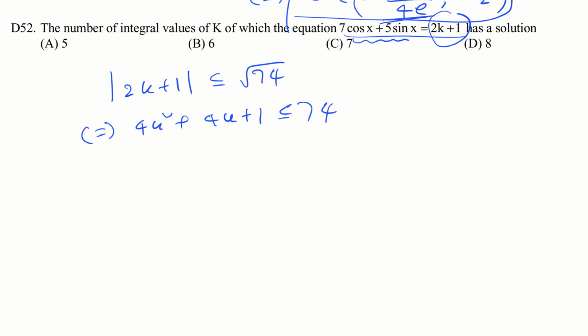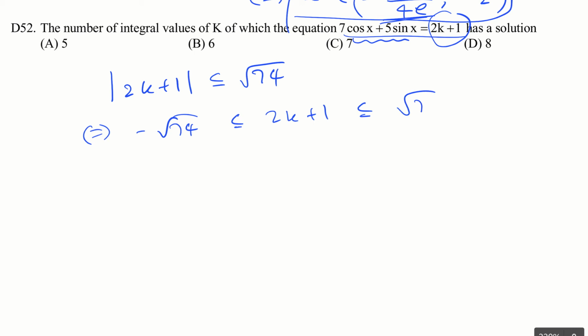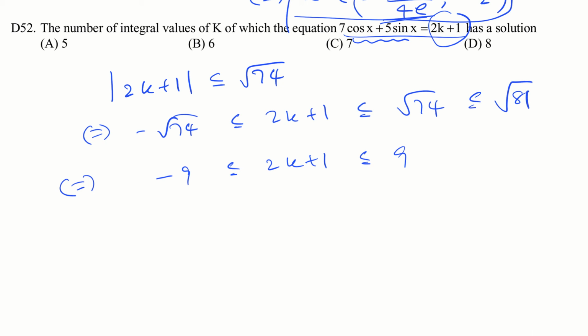Or as he is just talking about the integral values of k, we'll do one thing. We'll write like this only. This is minus root 74 less than or equal to 2k plus 1 less than or equal to root 74, and from this, going for integers, minus 9 less than or equal to 2k plus 1 less than or equal to 9, because obviously this is less than or equal to root 81 and this side it is greater than or equal to minus root 81.